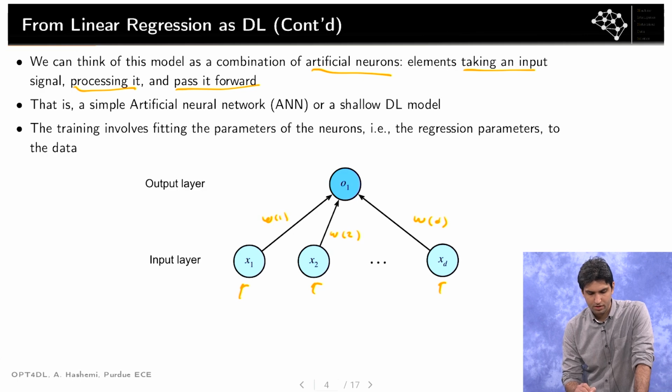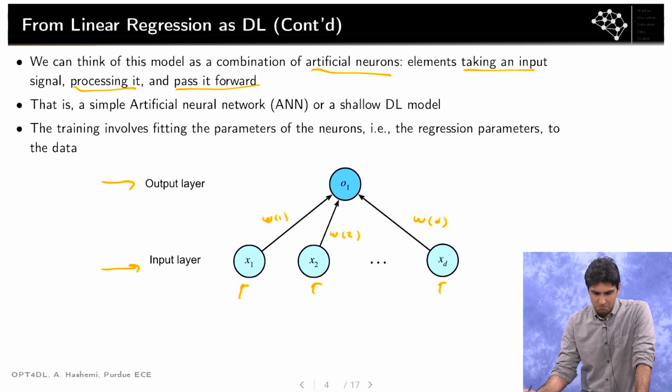Okay. So in the language of deep learning, this is nothing but a simple neural network with one input layer and one output layer, such that all that happens to the input signal, the features, is that we are just multiplying it by some weights and then reporting the result as our output.